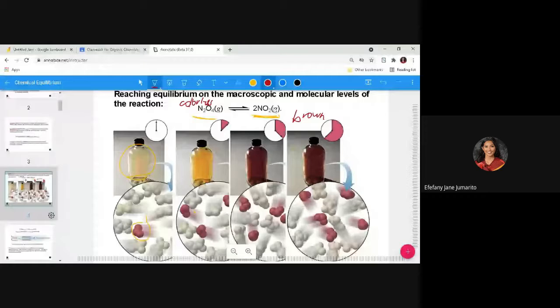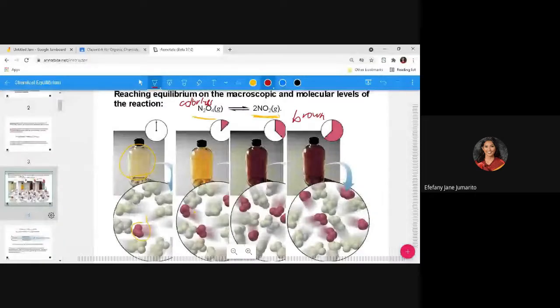Agree? Do you agree class that the concentration of NO2 increased? Yes, ma'am. As you can see, this is the concentration of our NO2.